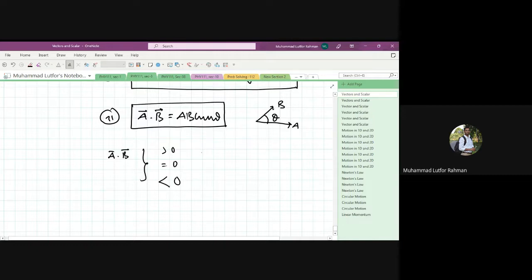It could be greater than 0 if theta is greater than 0 but less than 90, then the magnitude of the dot product of two vectors would be positive. It would be equal to 0 if theta is 90, pi by 2. And it could be less than 0 if theta is greater than 90 but less than 3 pi by 2.